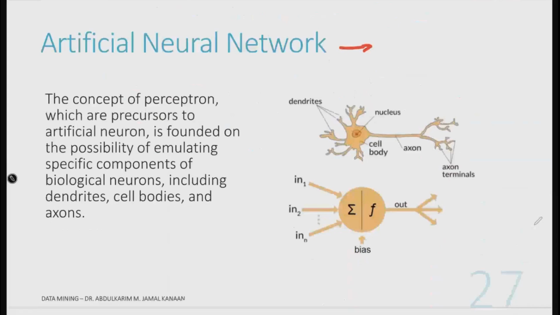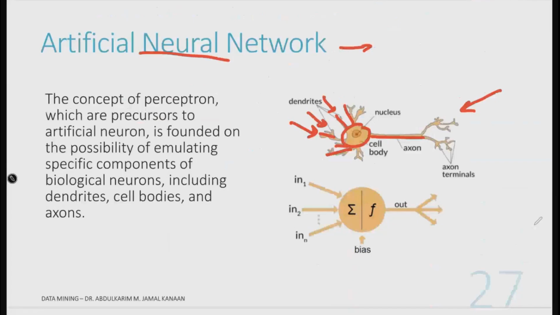So for the artificial neural network, the idea comes from mimicking the brain cell, where you have the cell of the brain, and then you have the axon and the dendrites. The dendrites are the input channels to the cell.